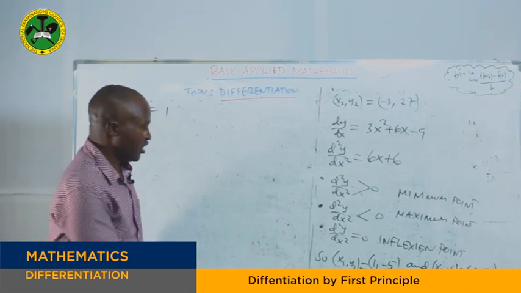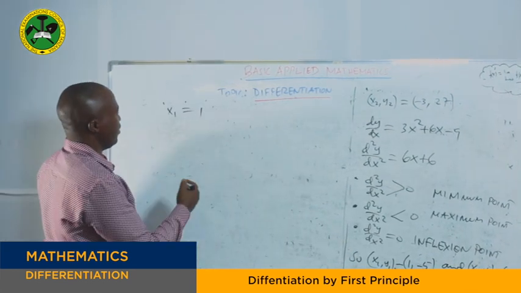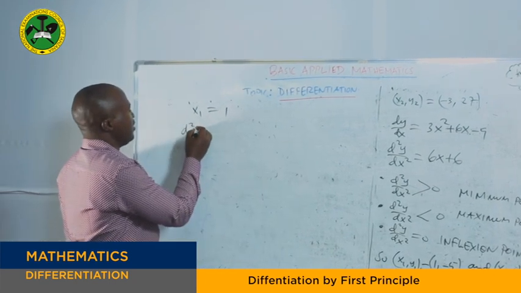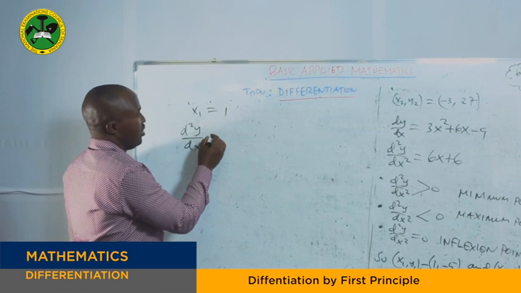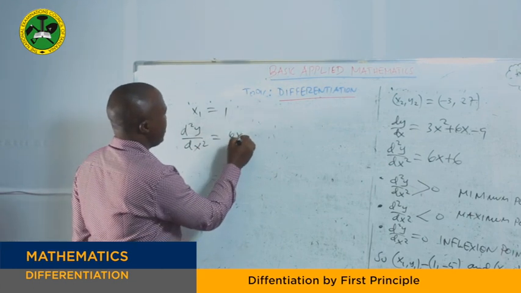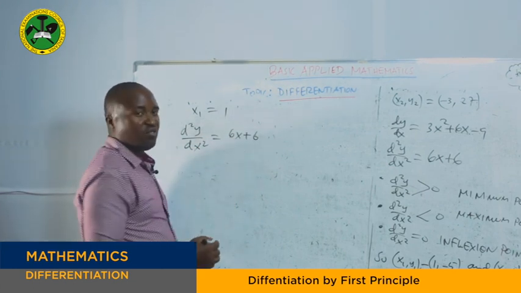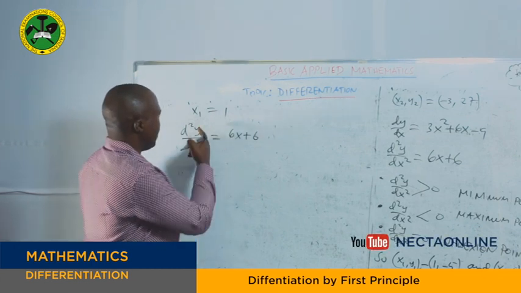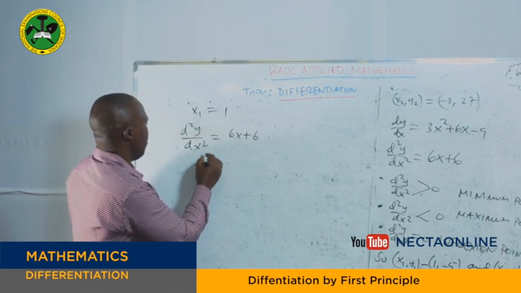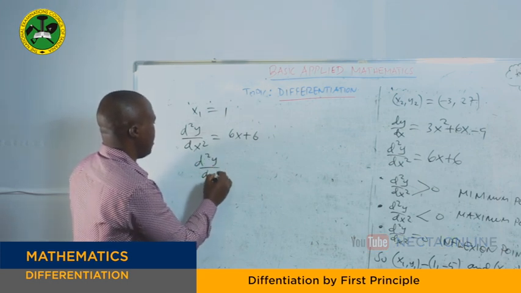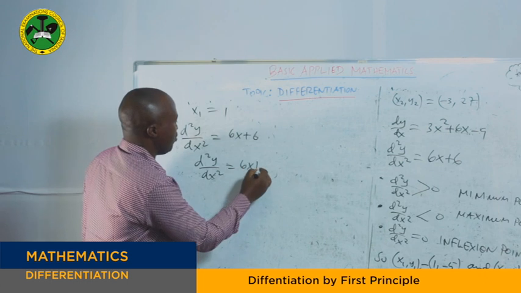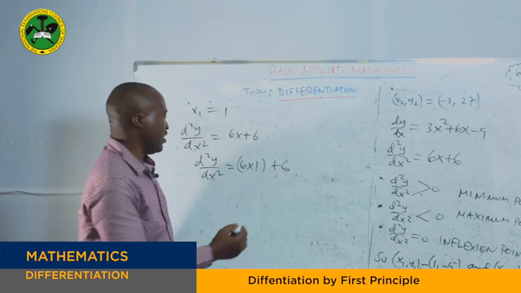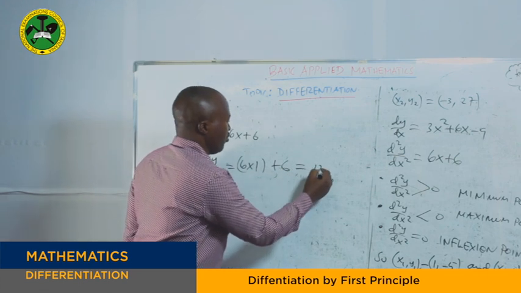Starting with point 1, when x is equal to 1, remember our second derivative, d squared y over dx squared, is equal to 6x plus 6. So we substitute the value of x: at x equal to 1, d squared y over dx squared is 6 times 1 plus 6, which is equal to 12.